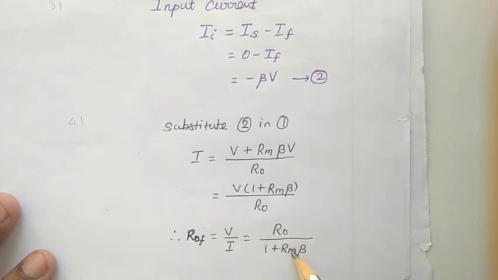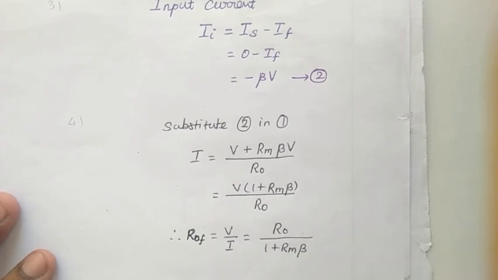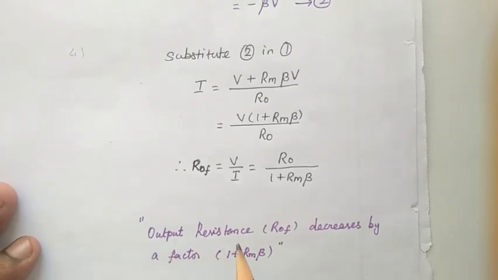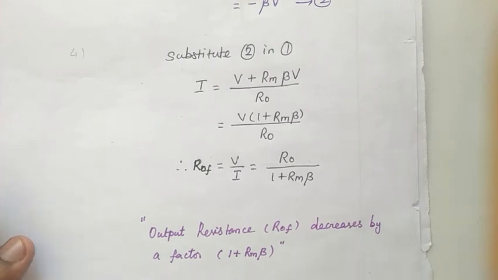Here the m is small m, so don't confuse it. Finally I come to the conclusion that the output resistance ROF with feedback decreases by a factor of 1 plus Rm beta. So in this voltage shunt feedback amplifier, both the input resistance as well as the output resistance decrease by a factor of 1 plus Rm beta.